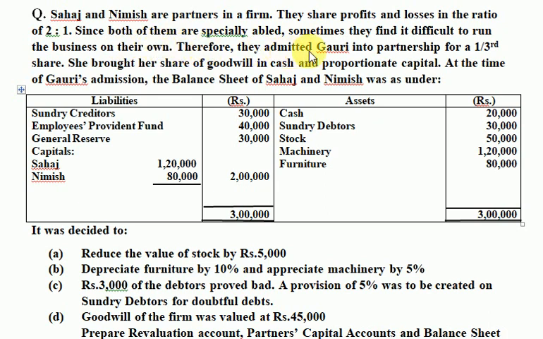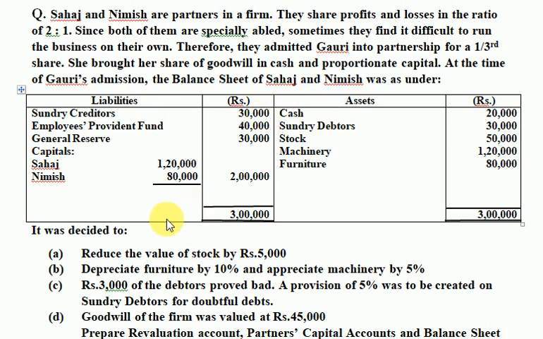Therefore, they admitted Gauri into partnership for a 1/3 share. She brought her share of goodwill in cash and proportionate capital. At the time of Gauri's admission, the balance sheet of Sahaj and Nimish, the old partners, is given as under. So here is the balance sheet with liabilities and assets.